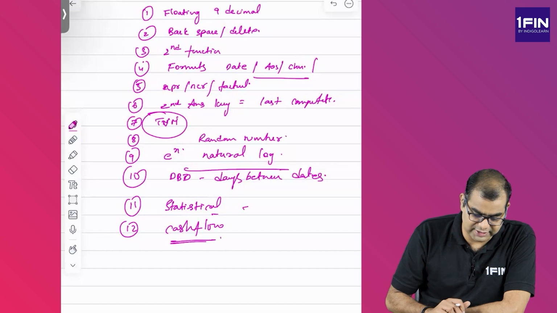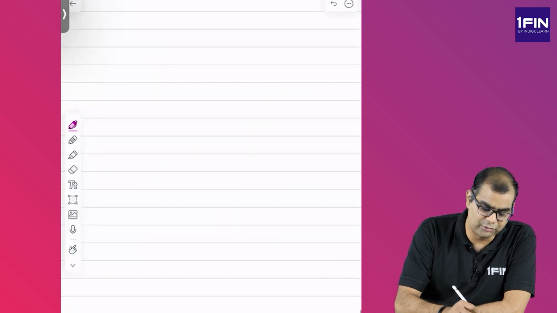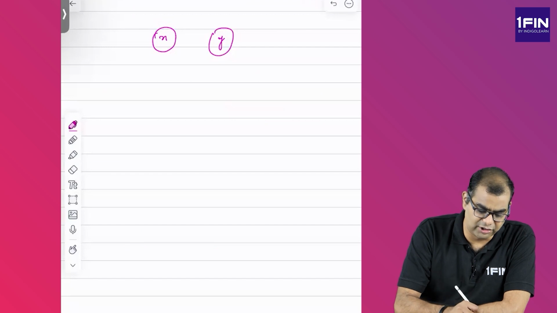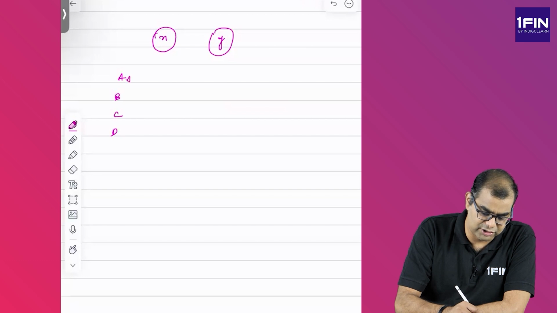Okay, let us go and look at the statistical functions. So what is the statistic stuff that I'm going to explain? So basically, I'm going to give you two data points, two particular variables called x and y. For this, I will, let's say, give 3 or 4 data points. So A, B, C, D, 4 data points, or April, May, June, July.